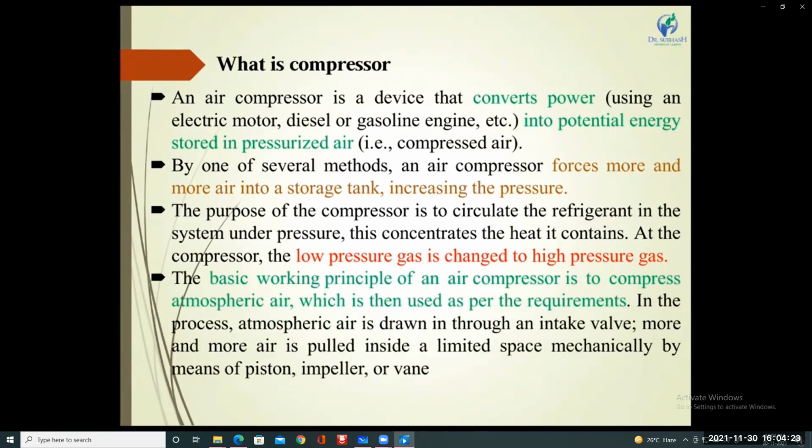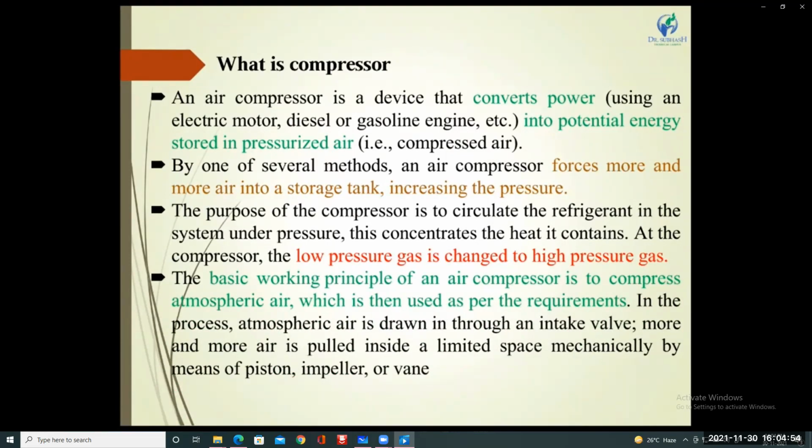The basic working principle of the air compressor is to compress atmospheric air, which is then used as per requirement. In the process, atmospheric air is drawn in through an intake valve. More and more air is pulled inside a limited space mechanically by means of a piston, impeller, or vane.